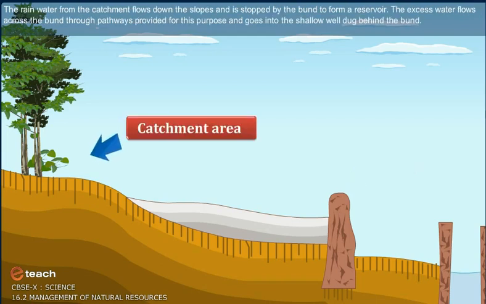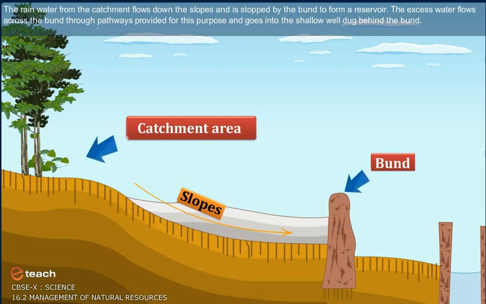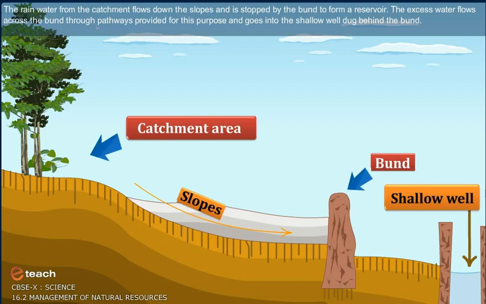The rainwater from the catchment area flows down the slopes and is stopped by the bund to form a reservoir. The excess water flows across the bund through pathways provided for this purpose and goes into a shallow well dug behind the bund.